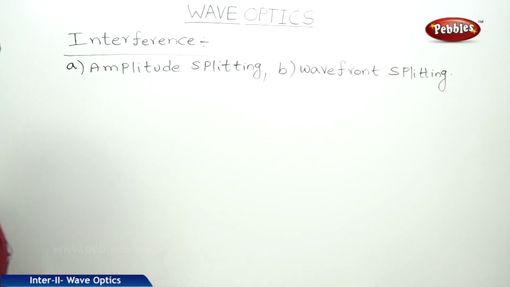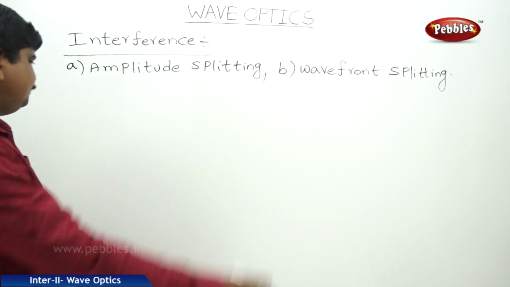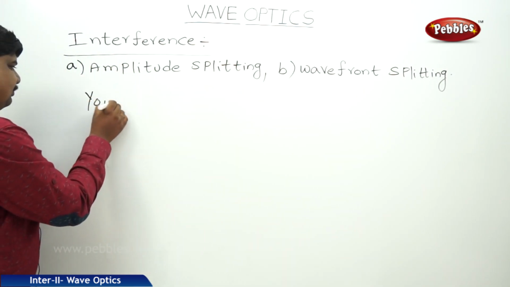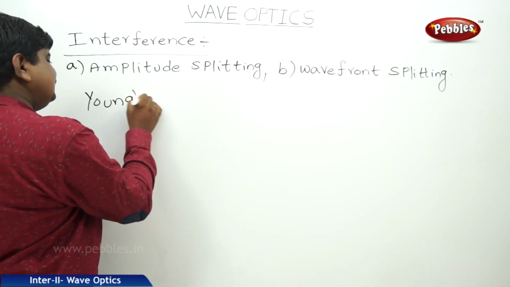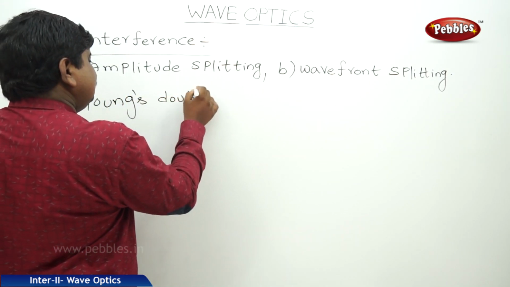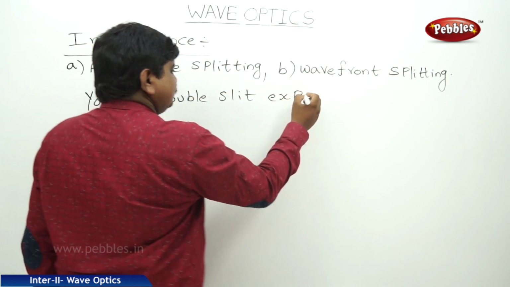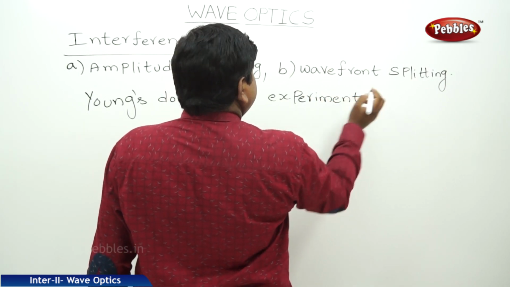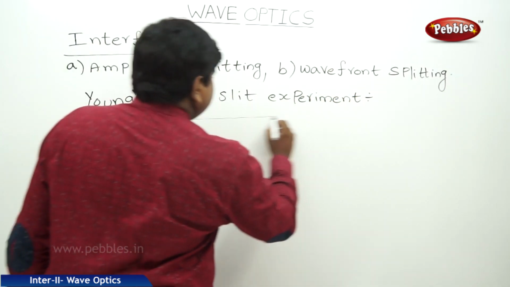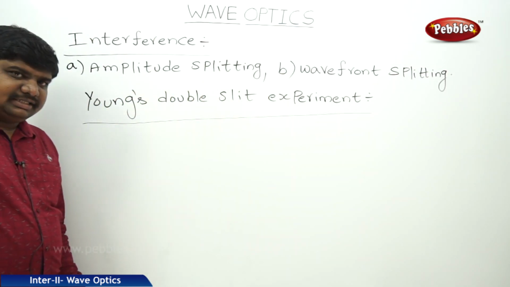So in amplitude splitting and wavefront splitting, what we can understand is Young's double slit experiment proves both. This is the sub-concept or one of the demonstrations of the interference of light.